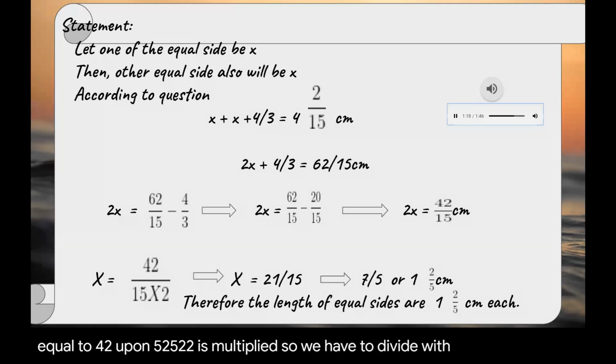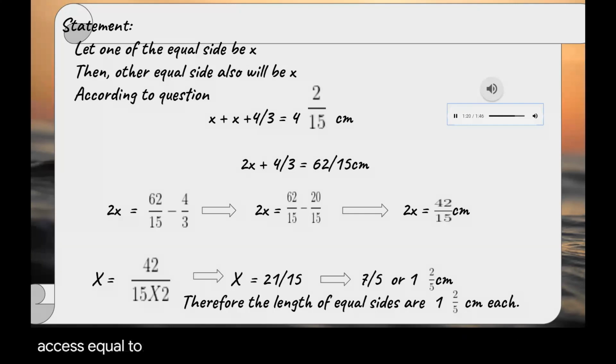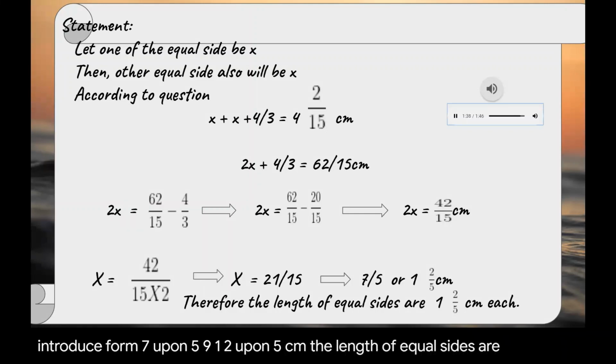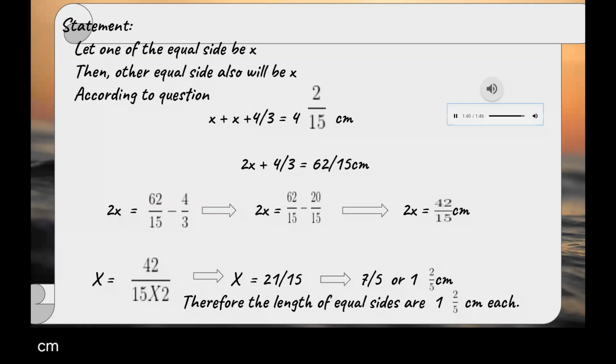So next step, x is equal to 42 upon 15 into 2. 2 into 42, 21 times. So x is equal to 21 upon 15, in reduced form 7 upon 5 or 1 2 upon 5 centimeters. Therefore, the length of the equal sides is 1 2 upon 5 centimeters each.